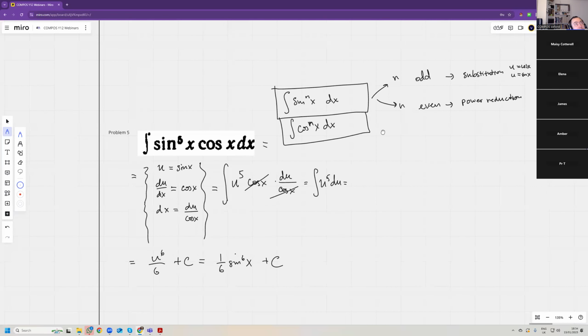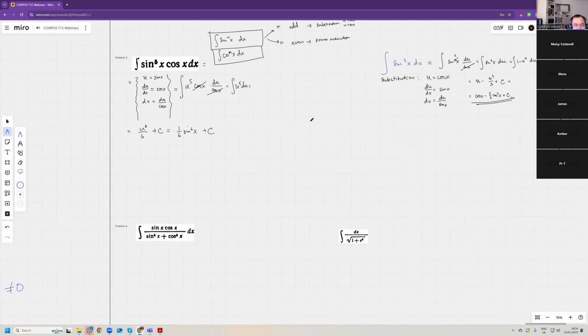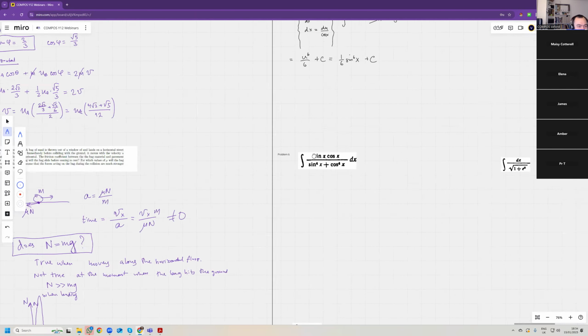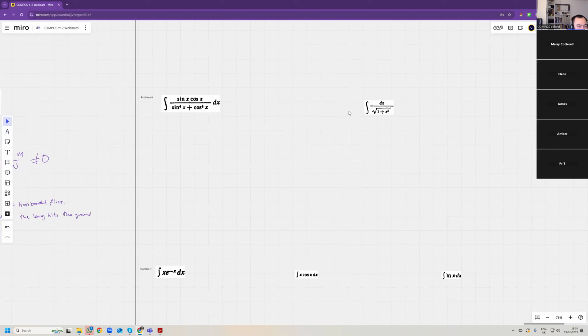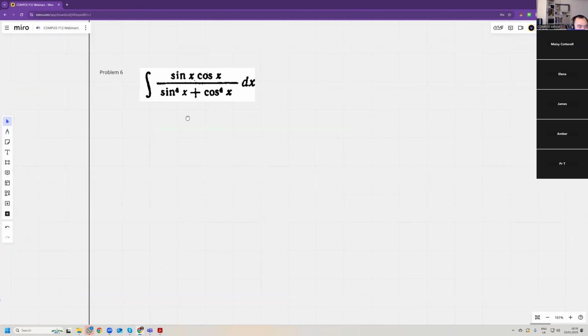How can we expand this rule? If both of them are odd, if m and n are odd, then you can use substitution. Okay. Now, this one really requires some ingenuity.